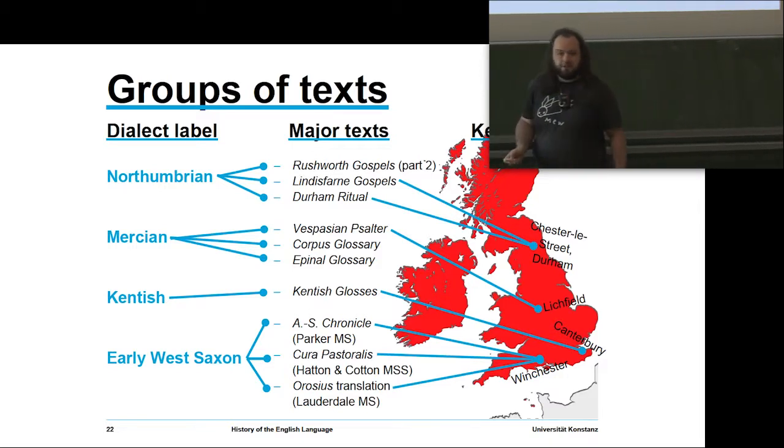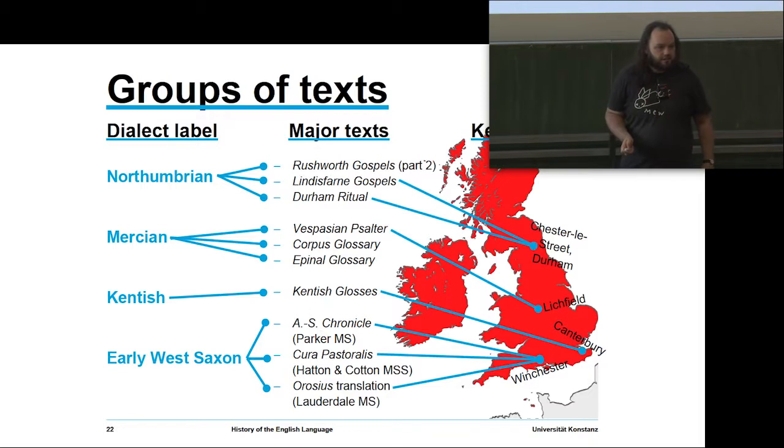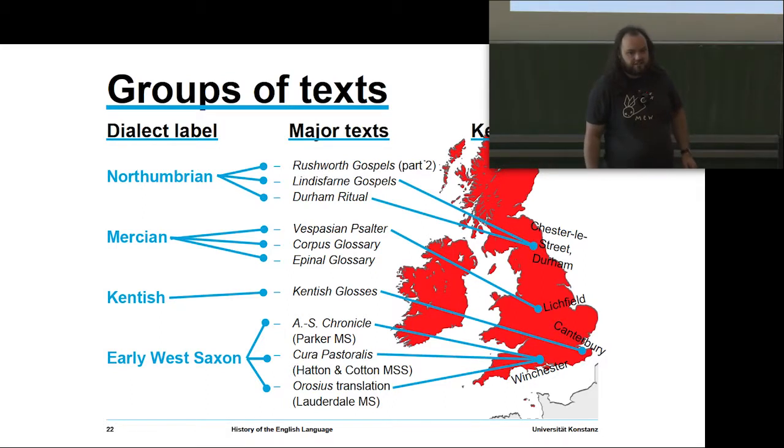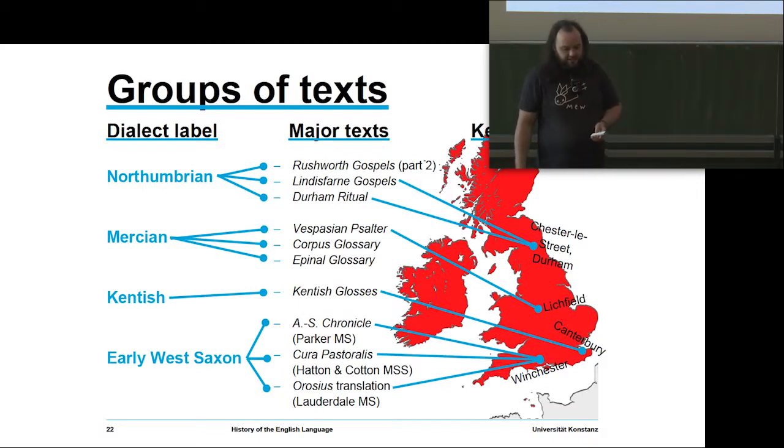So those are the Northumbrian texts, and we assign them to a dialect, even though all we really know is that some of these texts were produced in this particular place, and some of these texts look like these other texts.